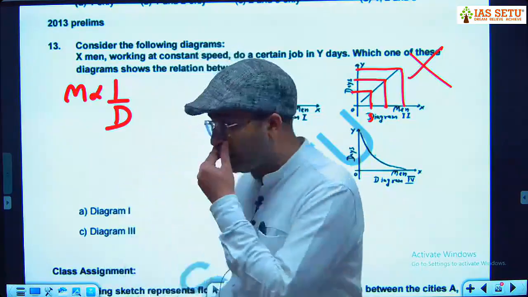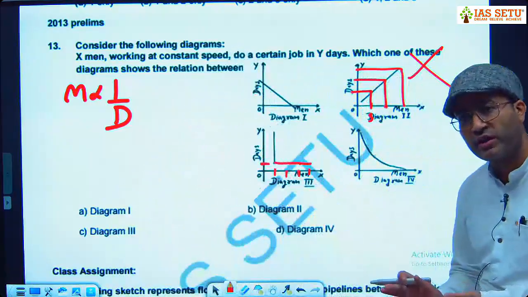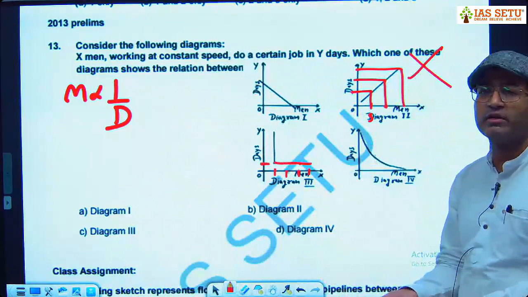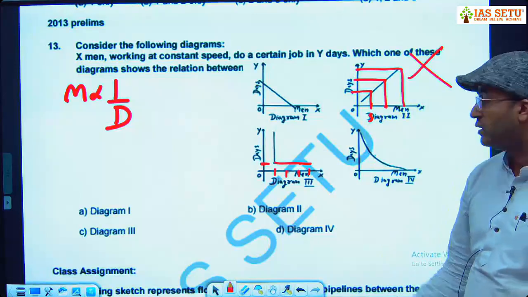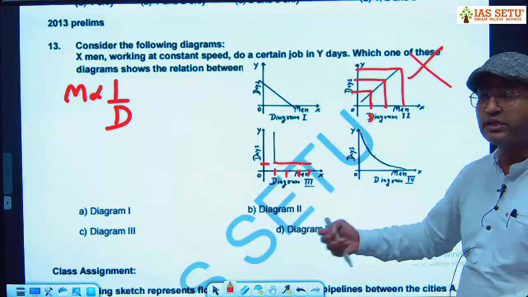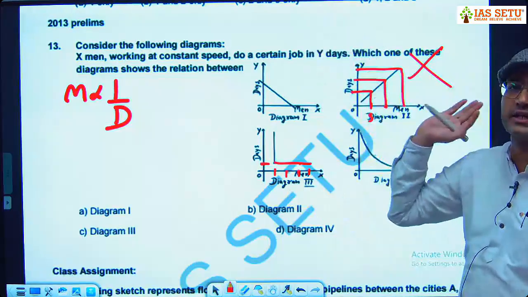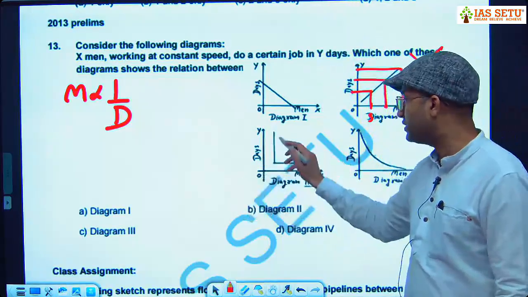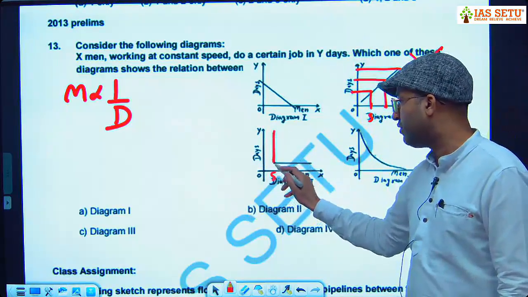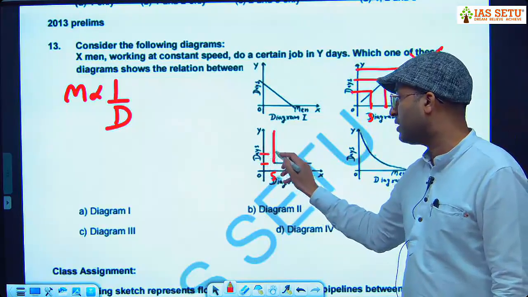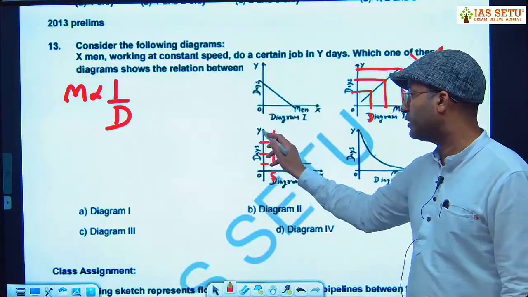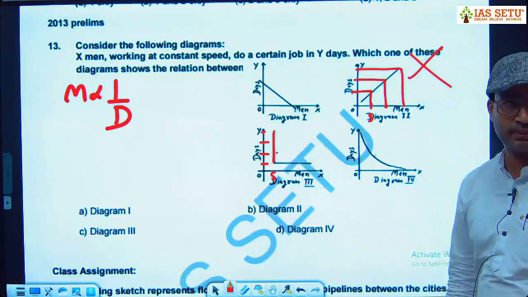Okay, so it shows 5 men do work in 5 days, 10 men do work in 5 days. What is the use of extra 5 men? What is the use of extra 10 men? It shows number of men increasing, days same. It is wrong. And even this line, if you check, it shows 5 men 5 days, 5 men 10 days, 5 men 15 days, 5 men 20 days.